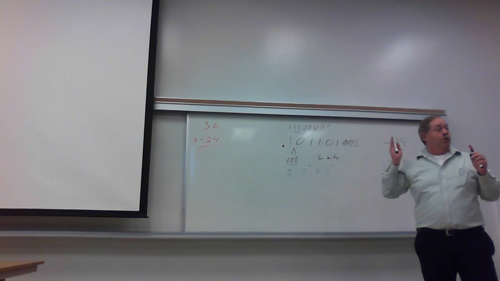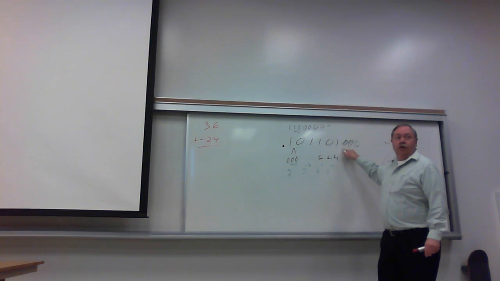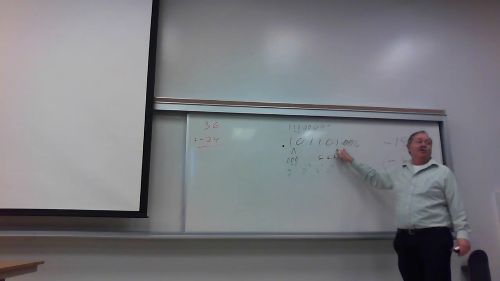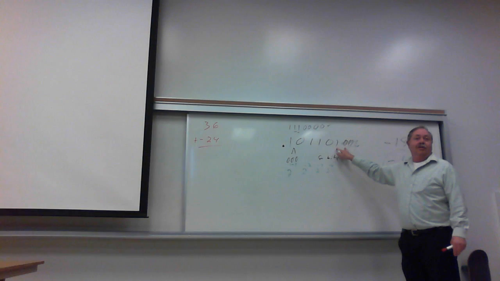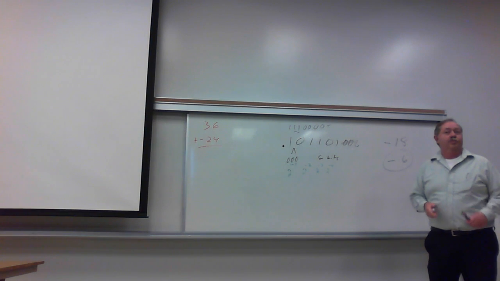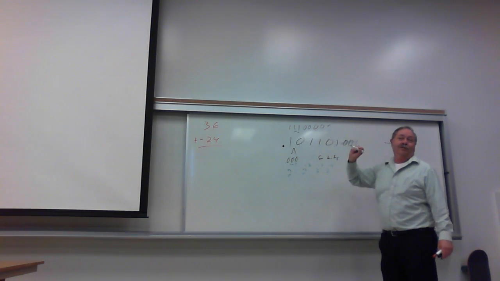If you're told that you have an unsigned number, how do you then evaluate the value? Only positive. Yeah, you assume it's positive and you calculate it as a positive number, which would then be 2 to the 0, 2 to the 1, 2 to the 2, and so on, right?